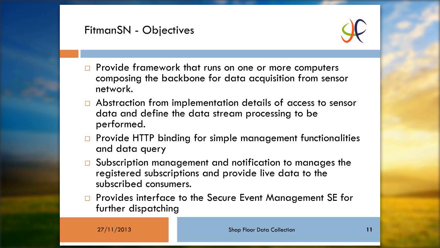The important idea behind this component is to abstract the implementation details to access the sensor data and to define data stream processing on top of that, so that the users, the consumers, or the people developing applications on top of the network don't have to be aware of all the implementation details of the sensor specification.